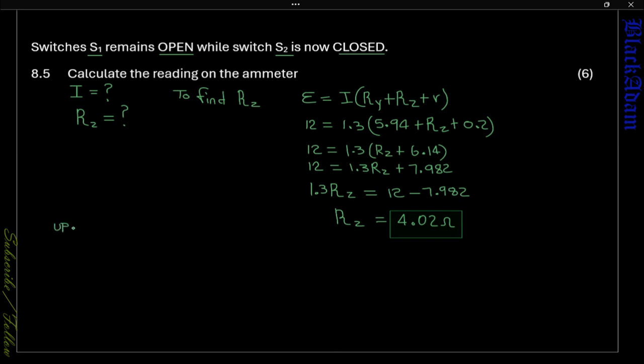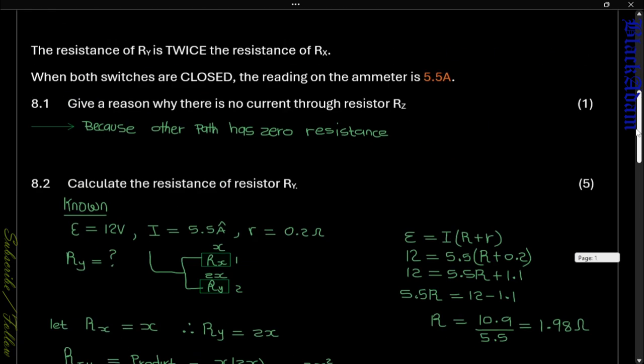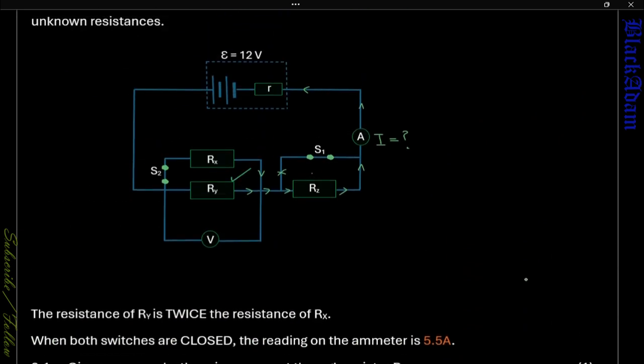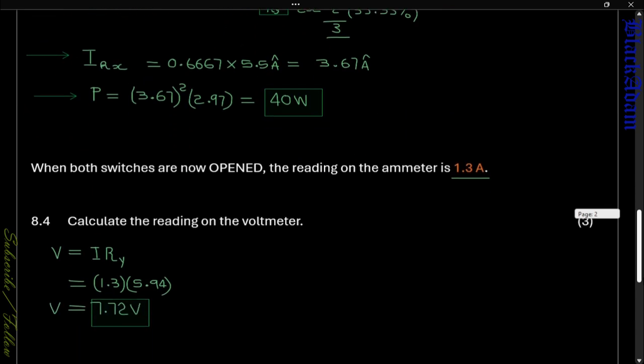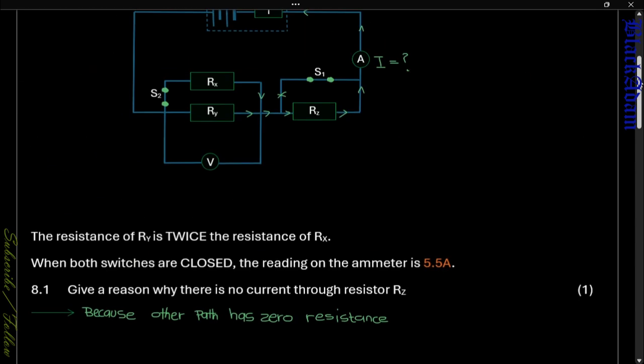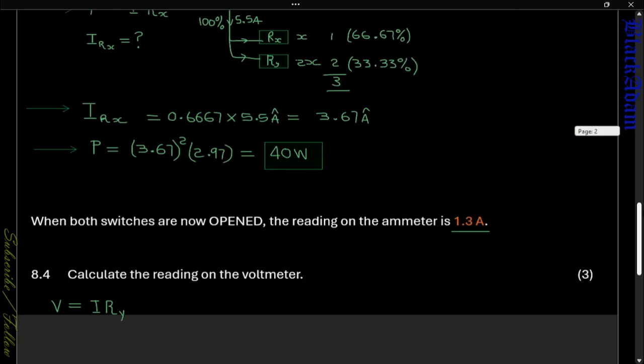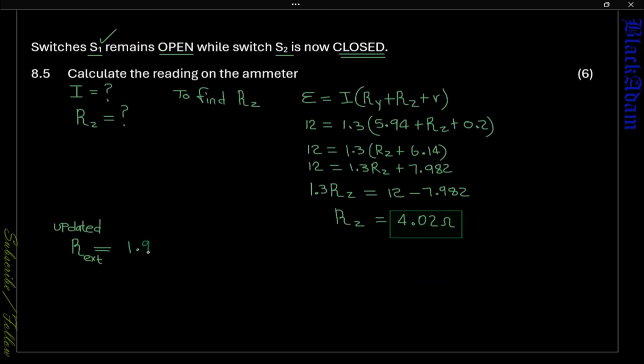With that in mind, we update our information. The total external resistance is going to be the parallel resistance 1.98 plus the 4.02.